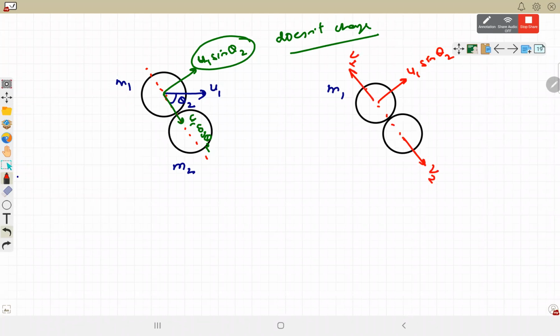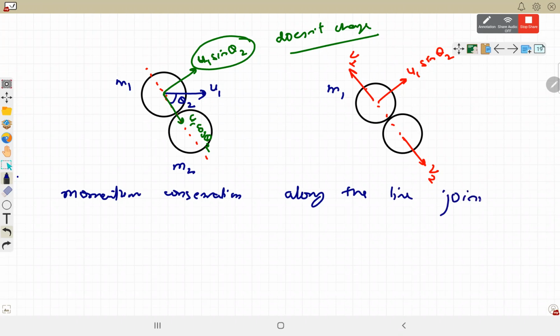So this is the other possible way in which we can write the momentum conservation. So momentum conservation along the direction, along the line joining their center. Momentum conservation along the line joining their centers.